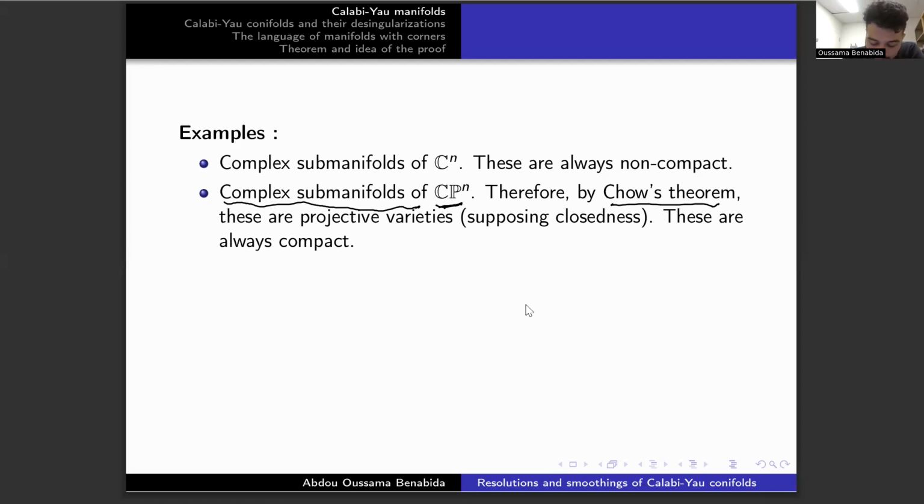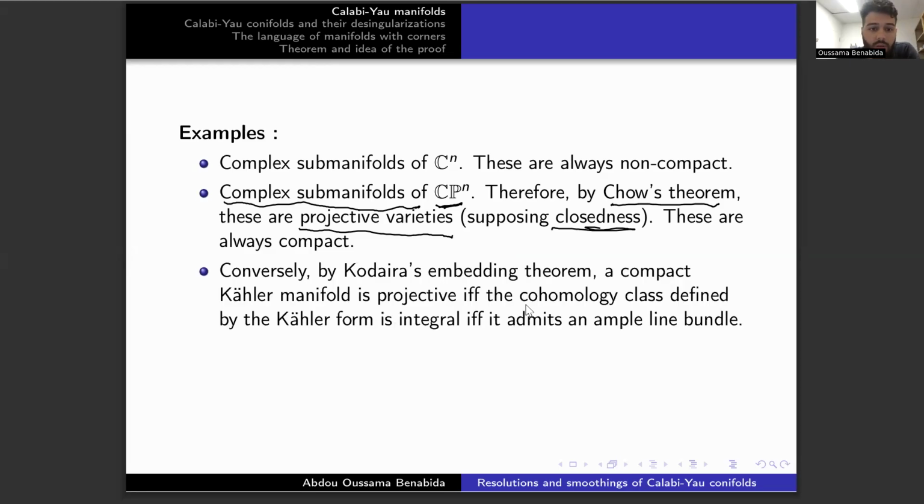So complex submanifolds of CP^n are necessarily projective varieties, supposing closedness. What this means is that they are defined by homogeneous polynomials. So they are not just defined by any holomorphic functions, but they are the vanishing of some polynomials in CP^n. And these are always compact. So these are important examples.